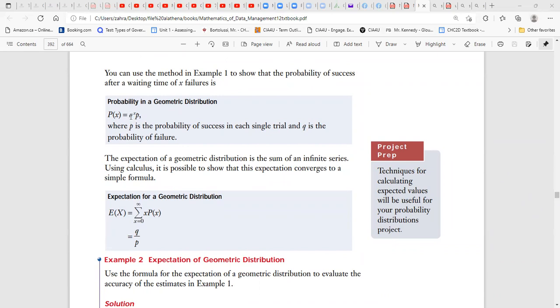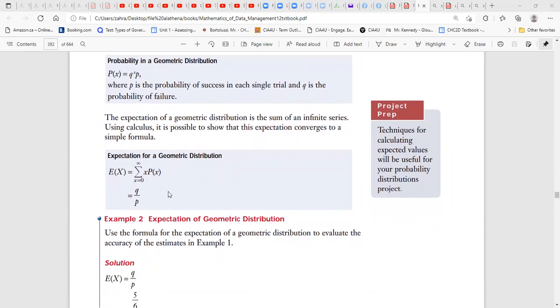Q is the probability of failure, and P is the probability of success. So for expectation, we know the formula is x multiplied by p(x), added all together, but you can do it much more compactly. So the expectation specifically for geometric distribution is q over p, probability of failure over probability of success.